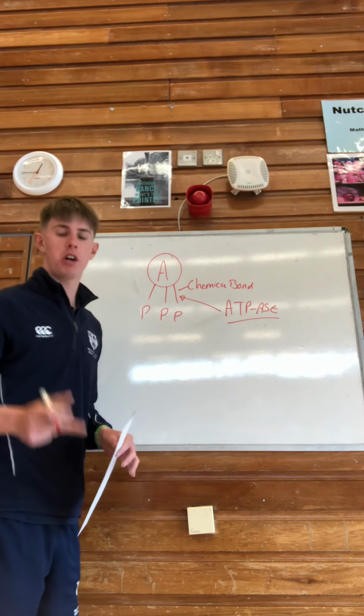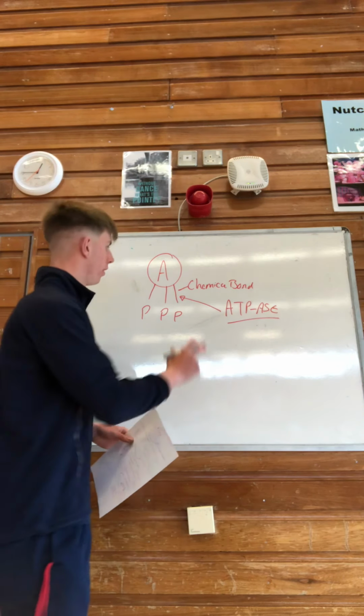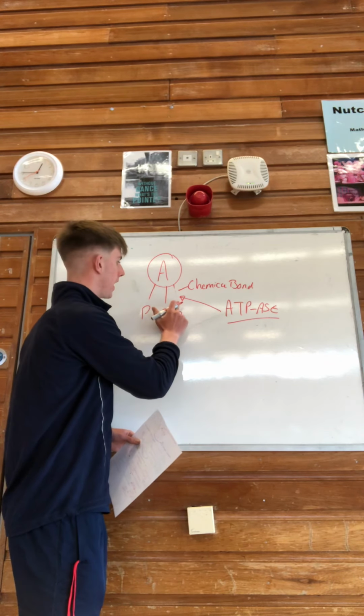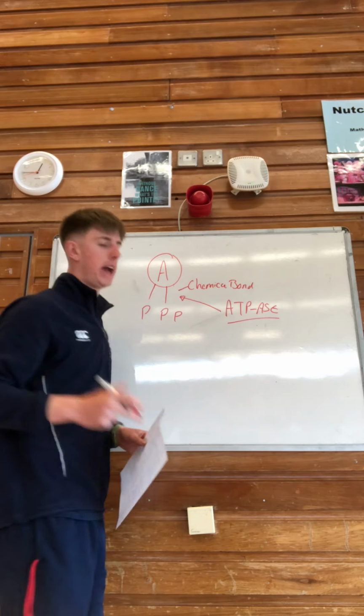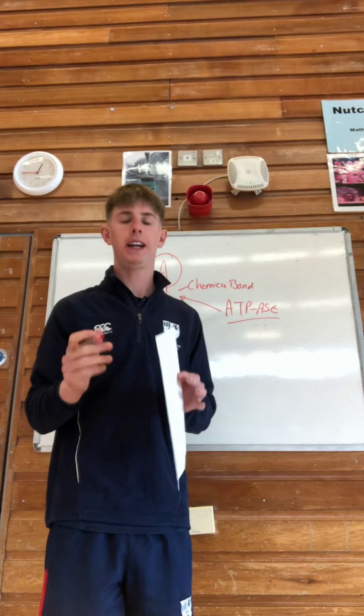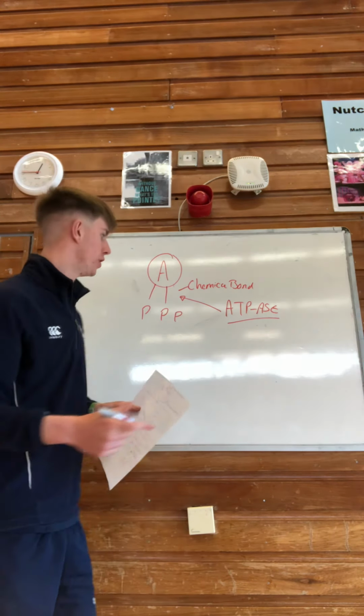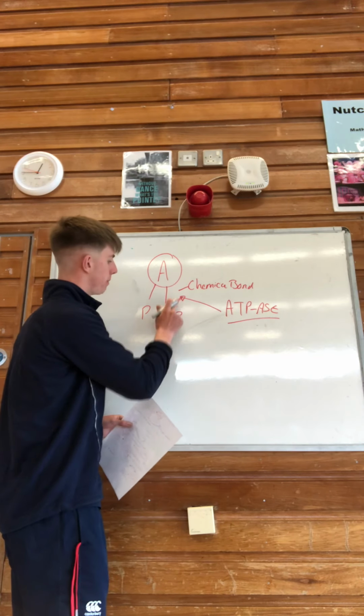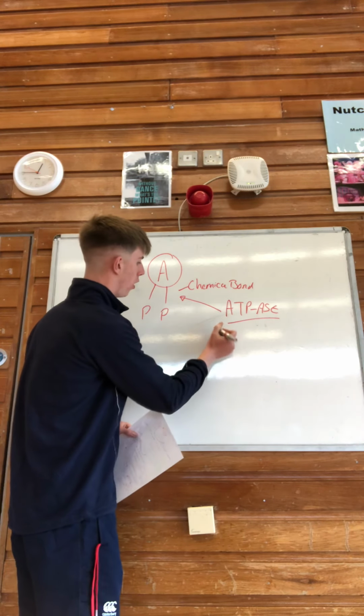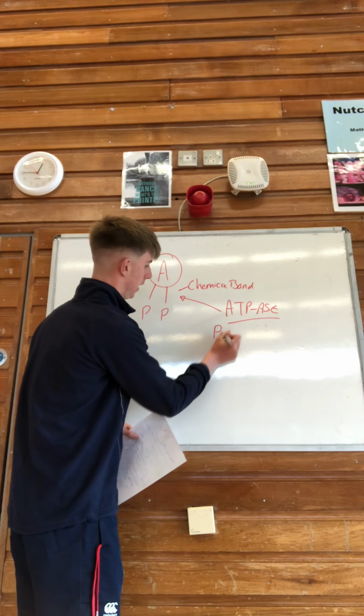So what happens, as it's breaking off a chemical bond, this causes what we call an exothermic reaction. And exothermic basically means heat is generated to produce energy. So one of these chemical bonds has been snapped off, and we have got 1 phosphate left over here.